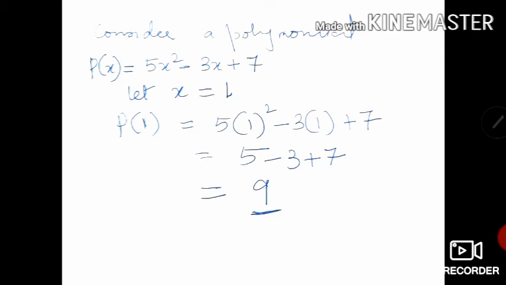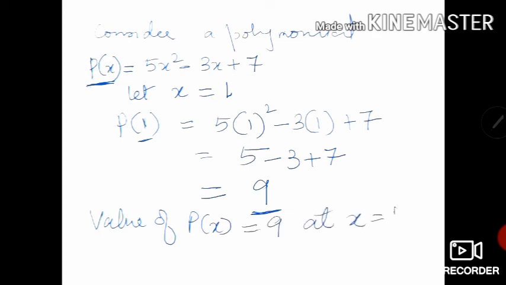So this number 9 is the value of this polynomial p of x at x equal to 1. This is how we write that the value of p of x is equal to 9 at x equal to 1. What this means is, if we substitute in this polynomial the value of x as 1 and then calculate this sum, then the value of the polynomial is 9.